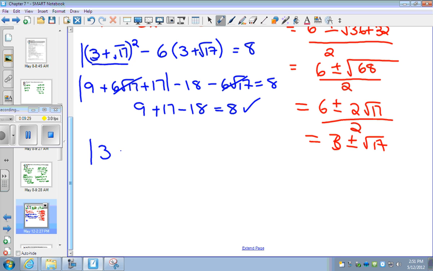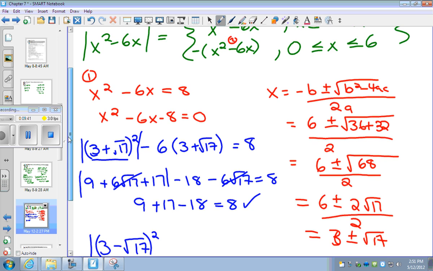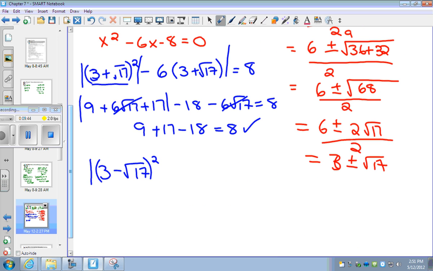Now let's verify the other one. 3 minus root 17, all squared. What am I doing here? Minus 6x. Oh, this was supposed to be all absolute valued. So I was supposed to take the absolute value of all of that. That was my mistake. Minus 6 times 3 minus root 17, because remember, it was x squared minus 6x, the absolute value of that, equals 8.